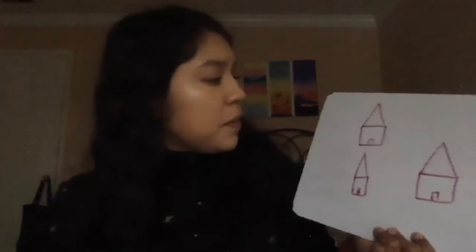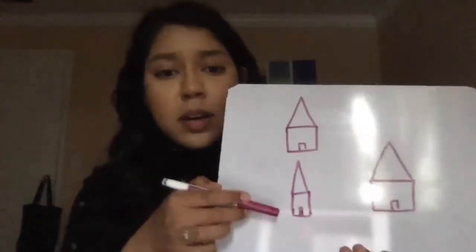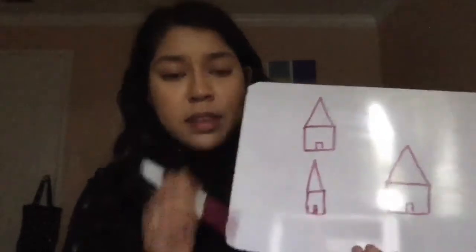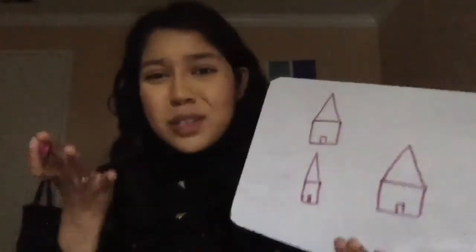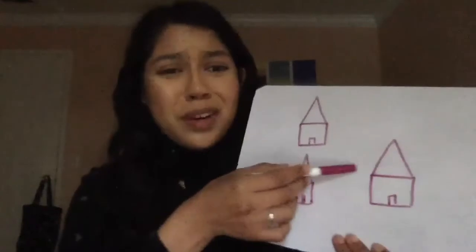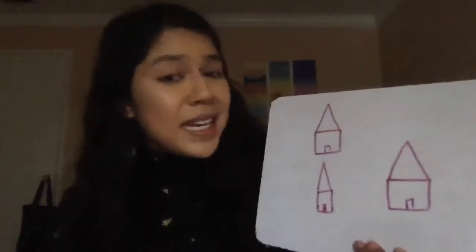So, what attribute could it be? It looks like they're all about the same height. I can't tell if it's weight, because these are all heavy for me. So it looks like it must be width.